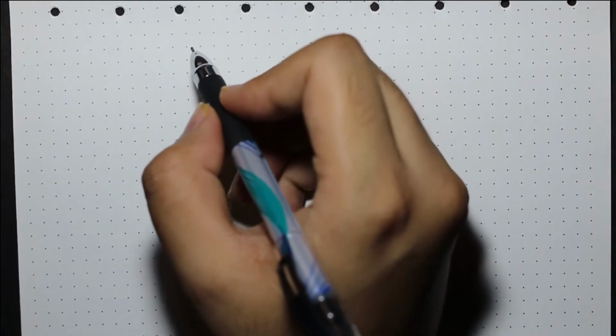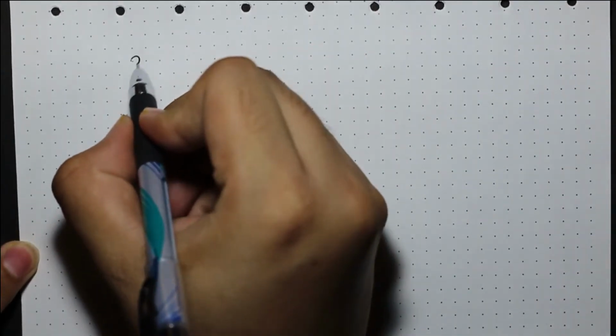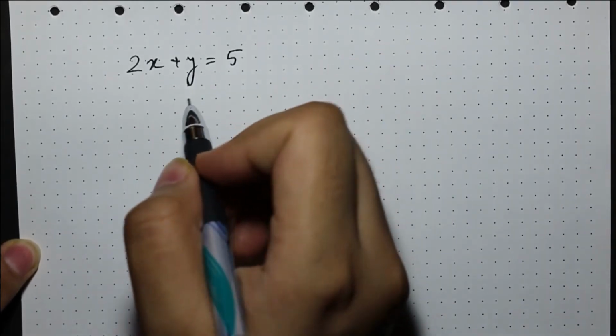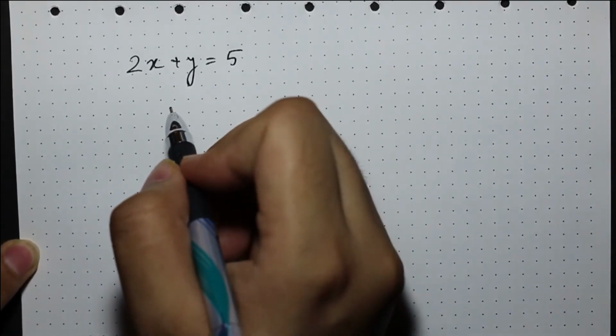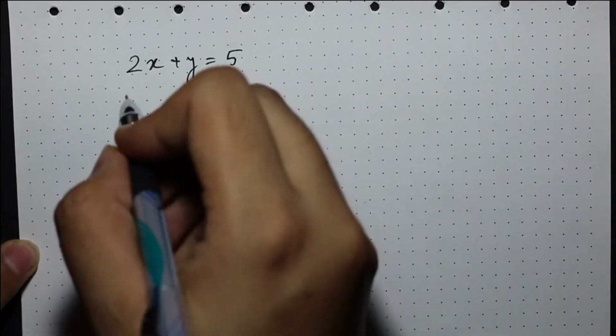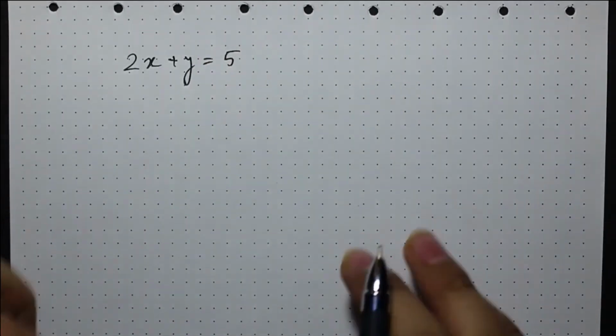Now let's take an example of a linear equation in two variables. Some equations contain two variables. Let's say we have 2x plus y equals 5. Now we can't determine the definite values of both, but we can solve the equation for one variable. In a sense, we can find out how to calculate one with respect to the other.